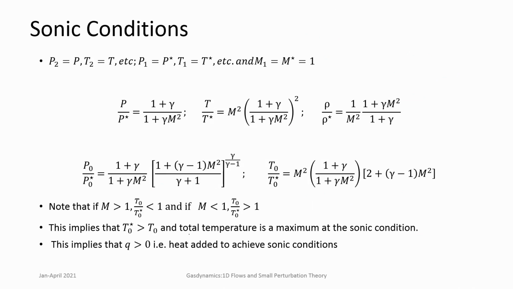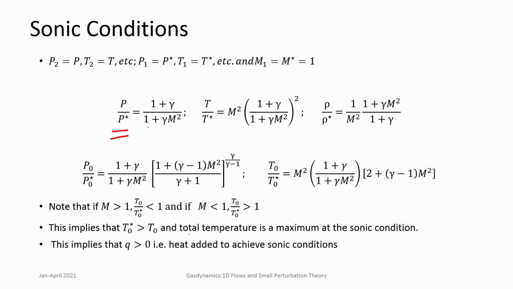So, how do we evaluate it? Take the Rayleigh flow equations that you have already found, which are P2 by P1, T2 by T1, rho 2 by rho 1, and in that you substitute P2 equal to P, T2 equal to T, and P1 equal to P star, and T1 equal to T star. Then we get P by P star and M1 equal to 1.